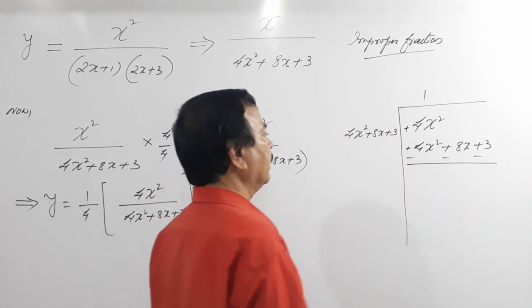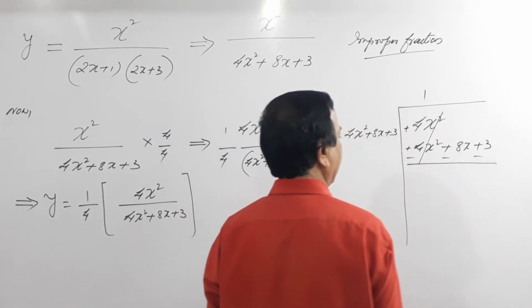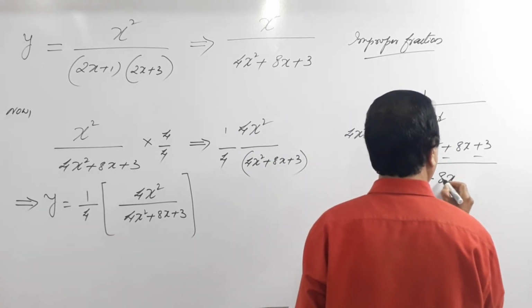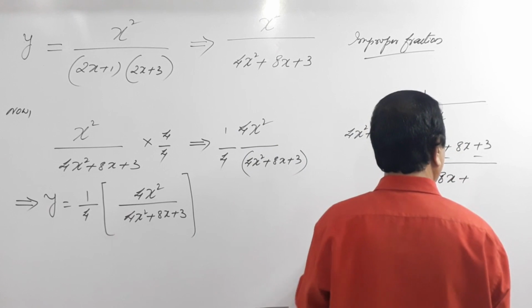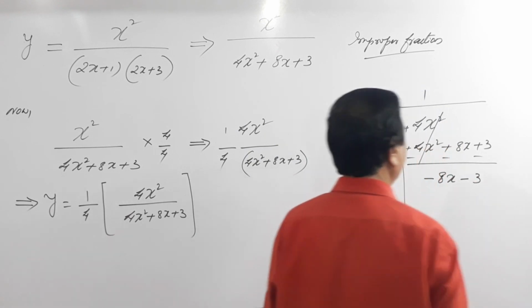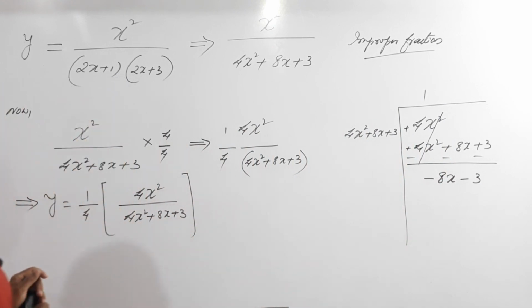This and this cancel. You are left with minus 8x minus 3. Please make a note of this.